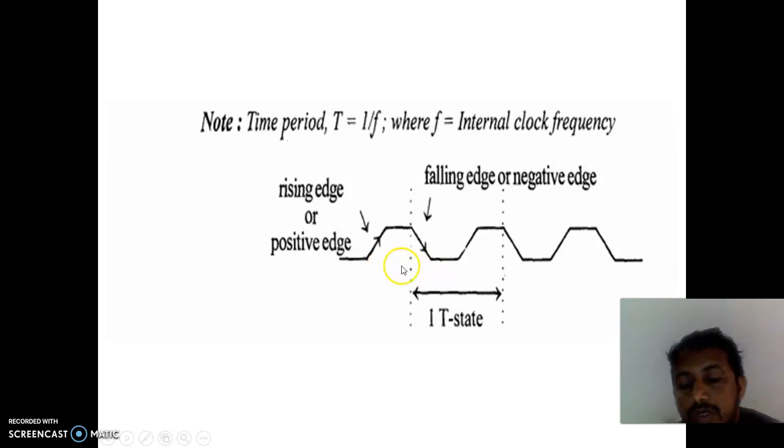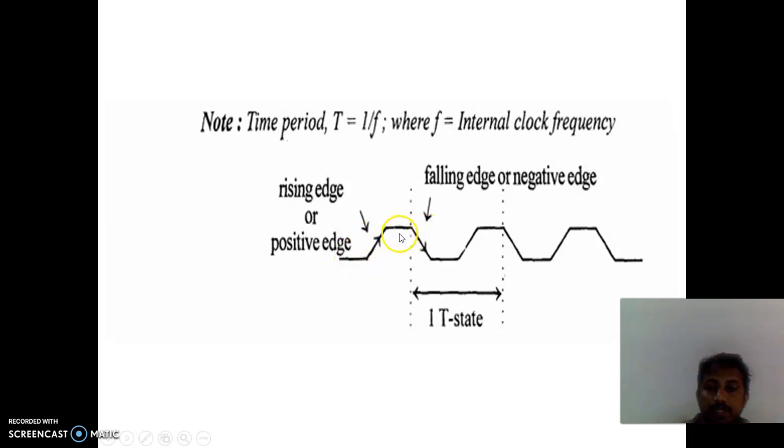Now coming to the clock, as shown over here, one T state is represented. There are two things here: the rising edge and the falling edge, the positive edge and the negative edge. This is the negative edge or falling edge, and this is the positive edge or rising edge.